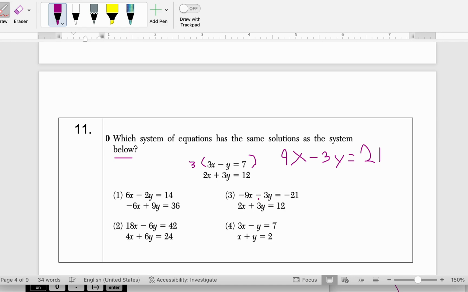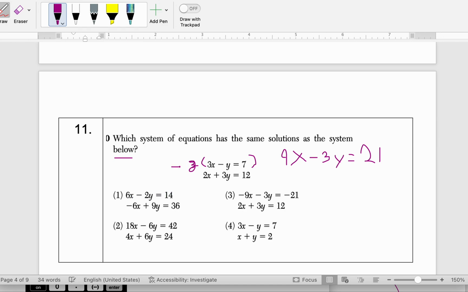Now, this is not going to be that one, because this is not negative and this is not negative. Okay, so let's try a different way. What if we were to multiply this top one by -2? Okay, so take a look at this and we see, okay, we can multiply that by -2.